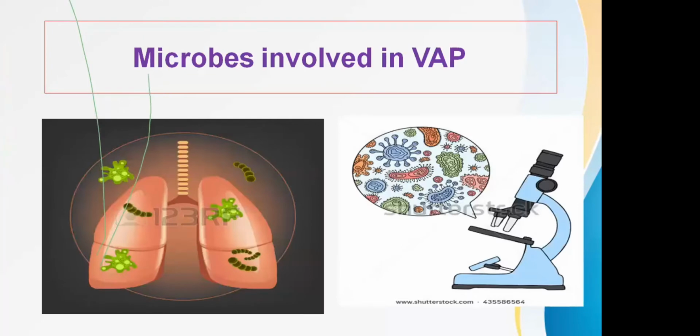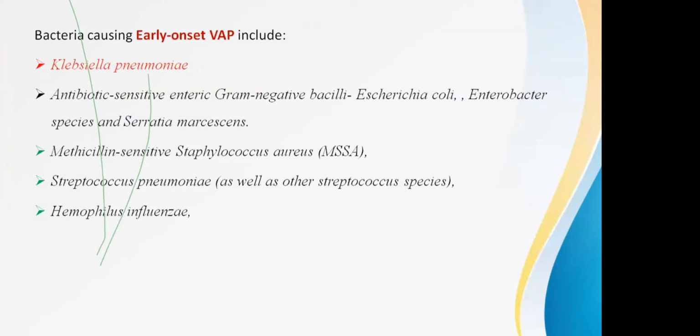So what are all the microbes involved in ventilator-associated pneumonias? Yes, we have two sides. We have the early onset or the late onset. For early onset, all of you who are working in microbiology labs on the laboratory side might be dealing with this problem of early onset VAP, especially this multi-drug resistant Klebsiella pneumoniae.